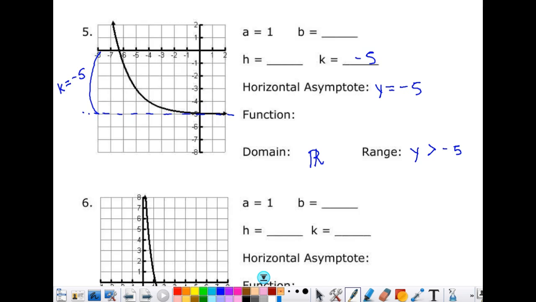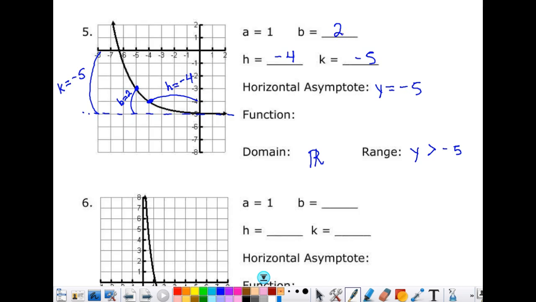The H and the B, right? So we go flat, flat, flat. First point. What does the first point tell us? The H. So H is what? Negative 4. Okay? The B, that's our second point. What's the B? Okay, 2.